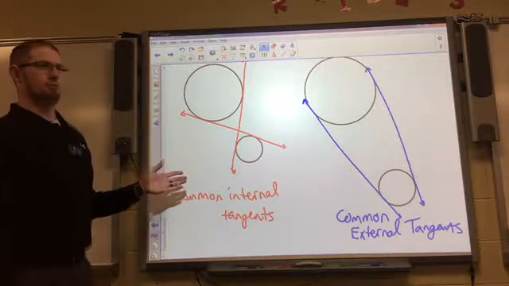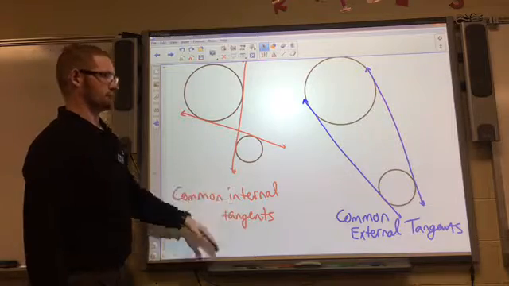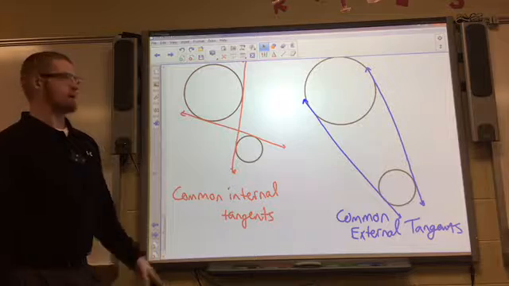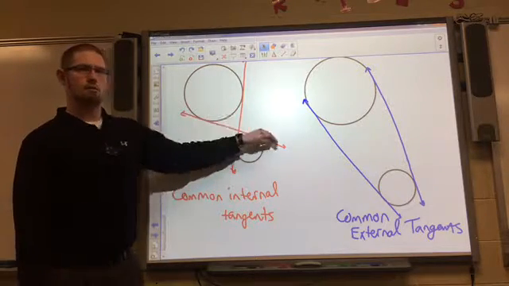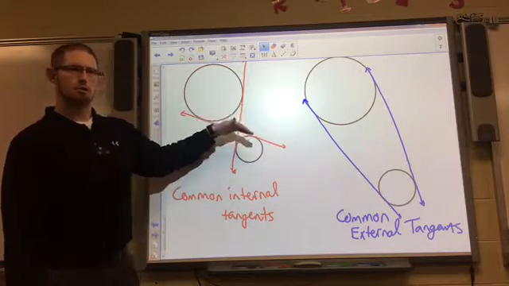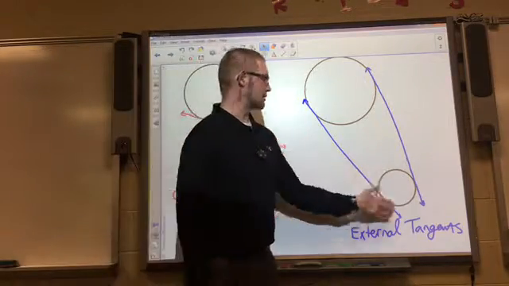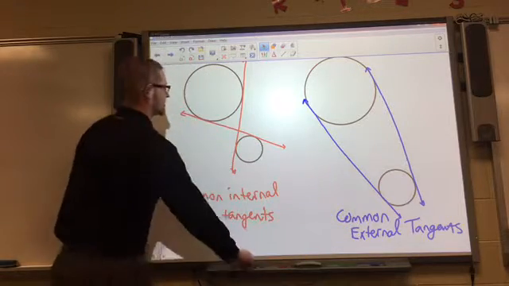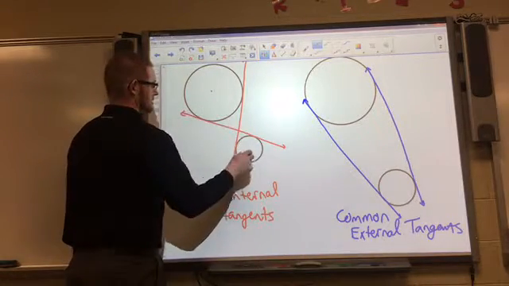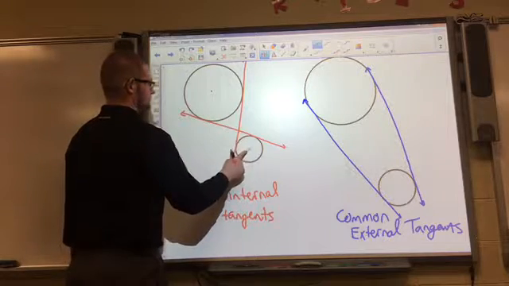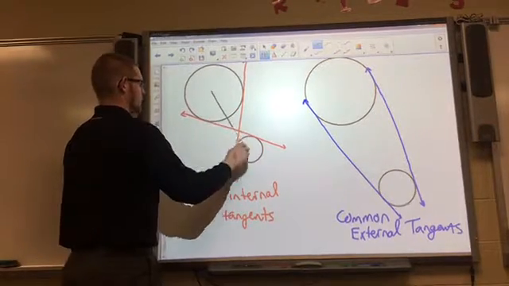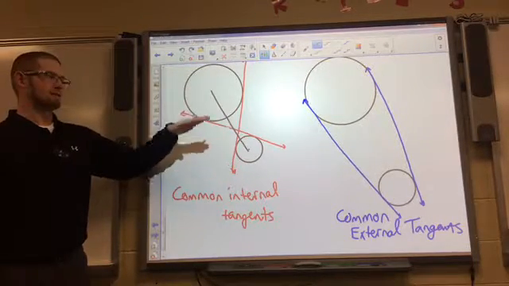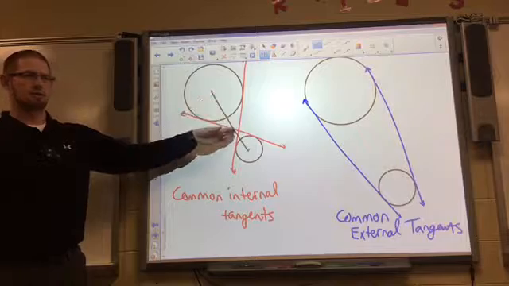Now, how am I going to remember that these are internal tangents and these are external tangents? Yeah, if they go in between, they are internal. If they stay on the outside or the exterior, they are external. Now the book does it a different way, so if you like the way the book does it, that's fine. They say that if you draw a segment from center point to center point and the tangents intersect, then they're internal tangents.